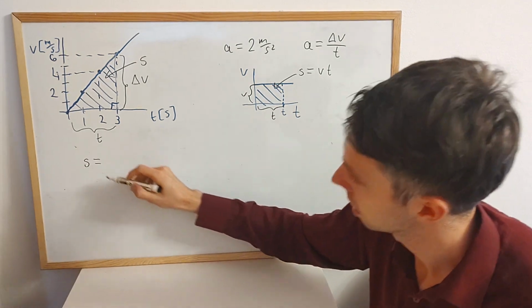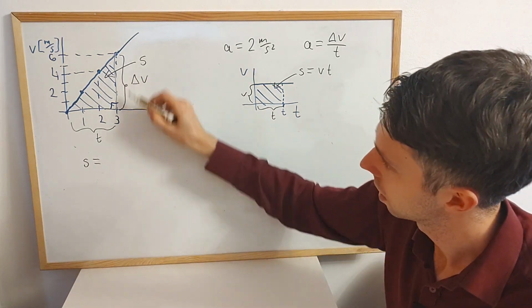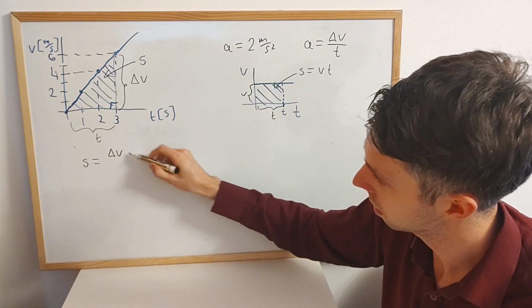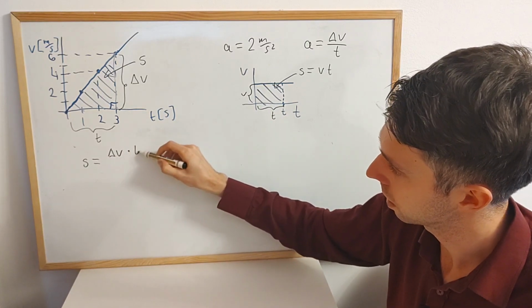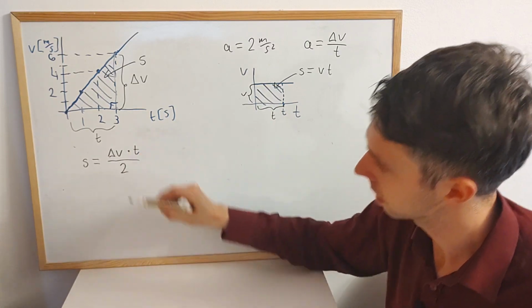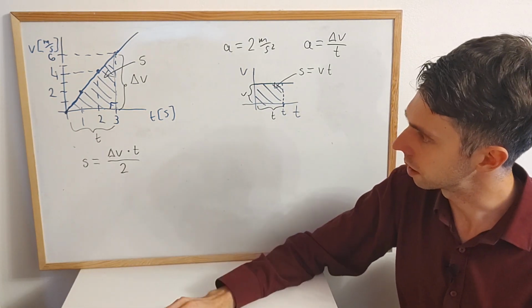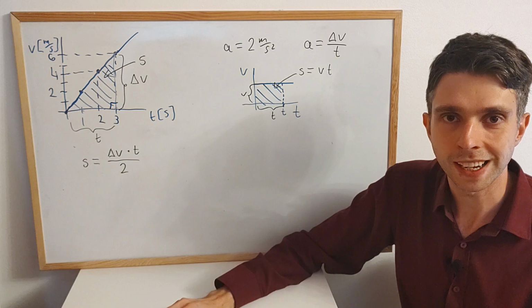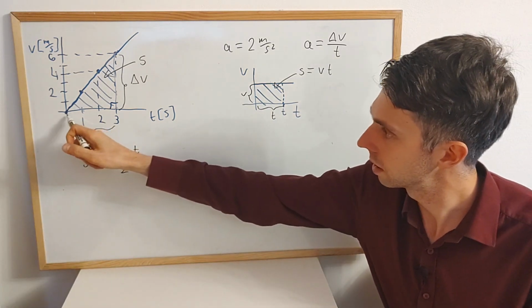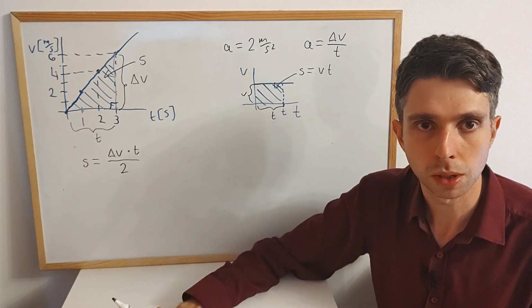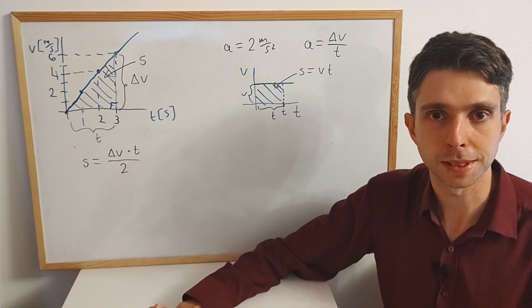So distance is change in speed multiplied by time divided by 2. And this is for the uniformly accelerated motion, and in a simple case when initial speed is 0.